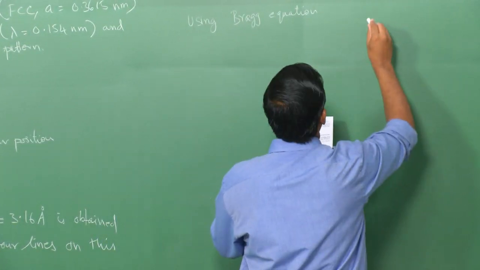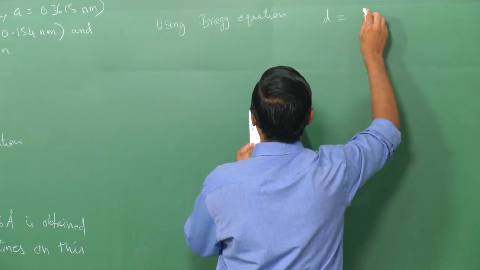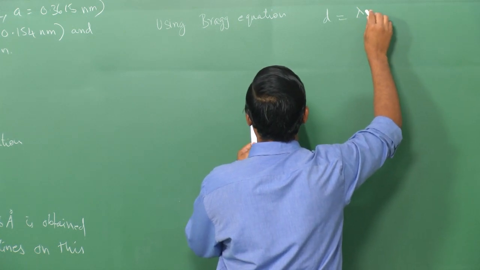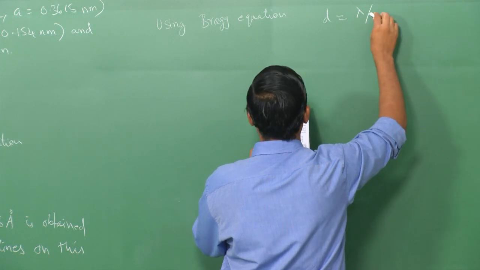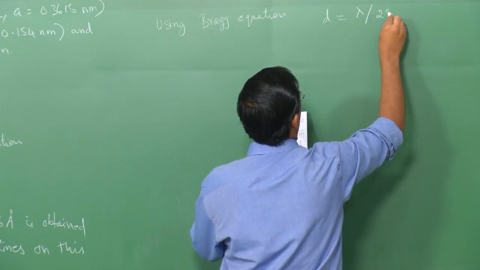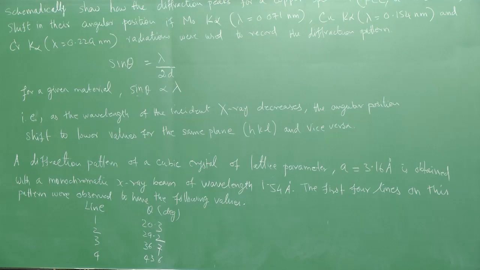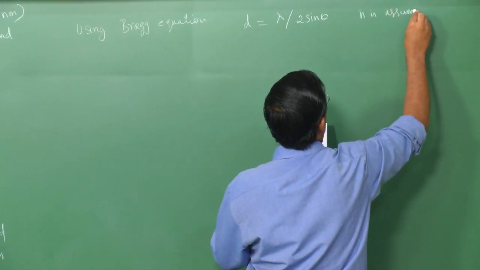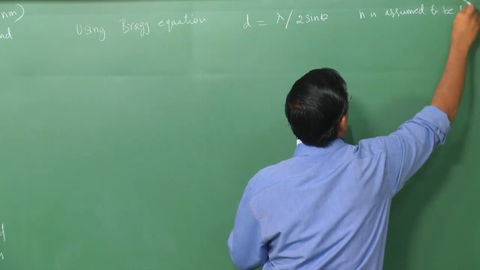You can write d is equal to lambda by 2 sin theta, where n is assumed to be 1.